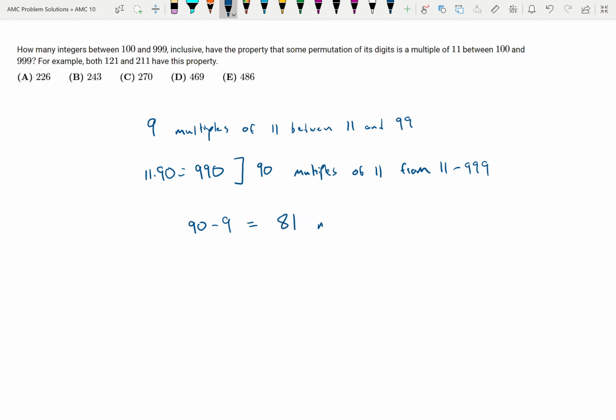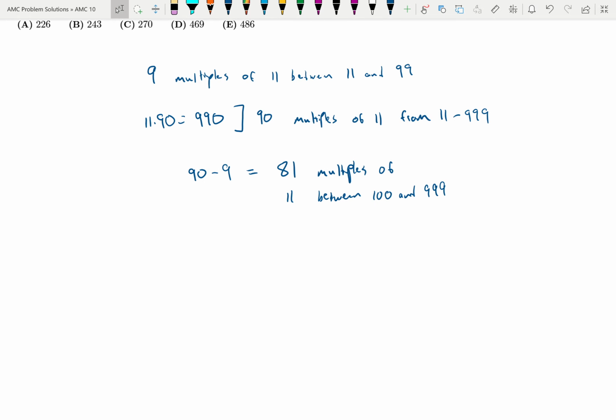So there are 81 multiples of 11 between 100 and 999. And now we just have to figure out how many different ways we can permute these 81 multiples of 11. I'm going to break this down into cases.